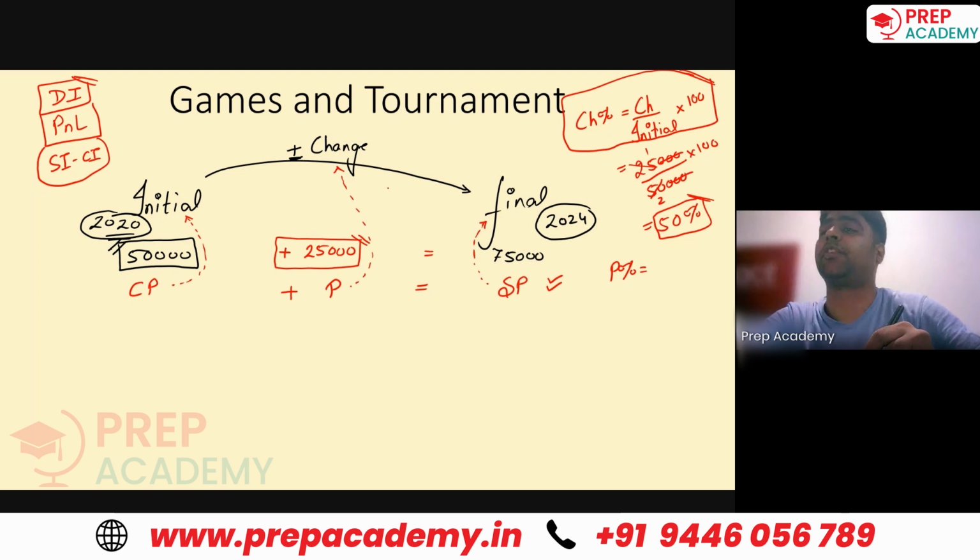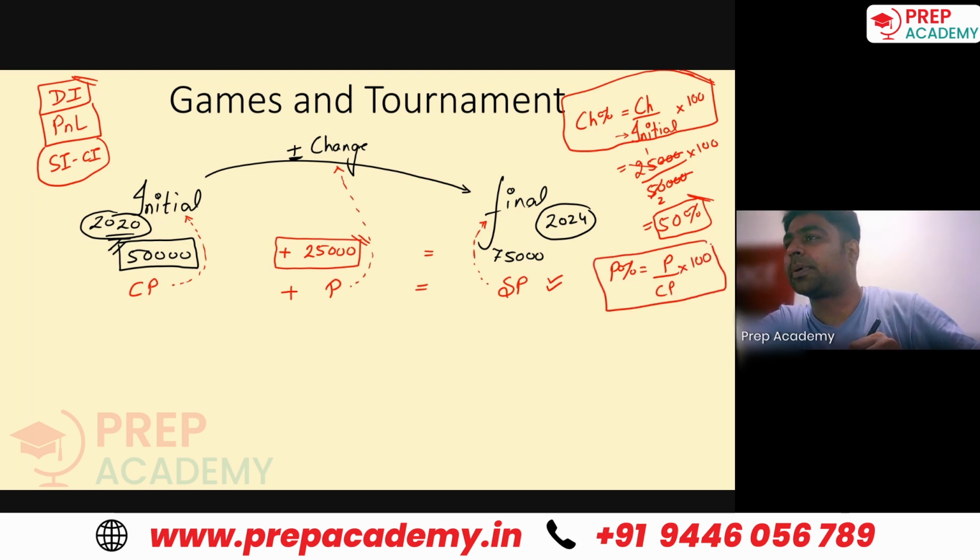Instead of initial, what will I write? CP. Very good. So this is how the formula was built up. Profit percentage is profit upon CP into 100.